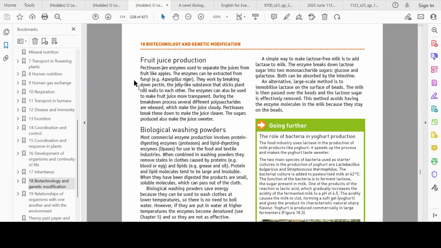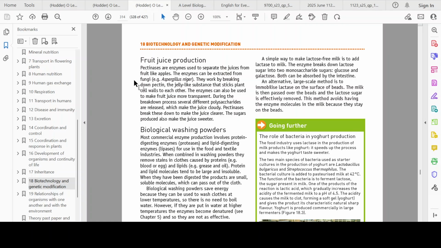Polysaccharides are not called sugars because they're not sweet and they're not soluble, etc., if you recall the chapter on biological molecules. So pectin is a polysaccharide. It's not a sugar, but when it's processed using pectinase, it is broken down and it becomes sugars after digestion with the enzyme, right? So that's why fruit juice becomes sweeter than the fruit itself was.